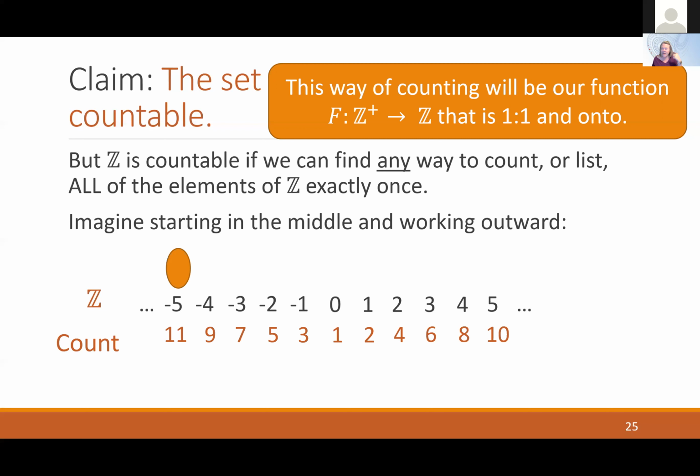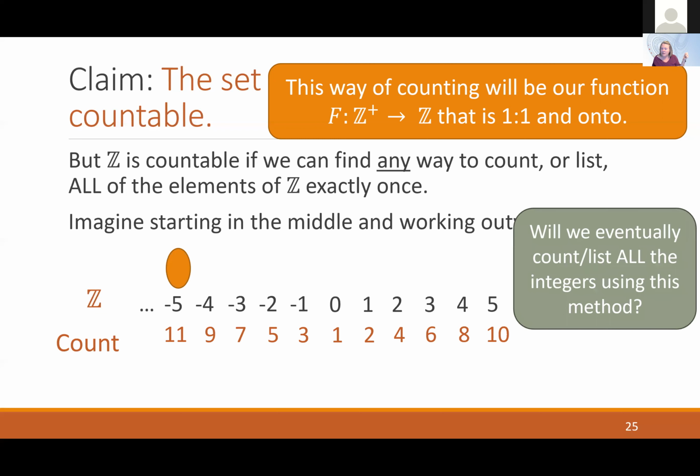And that accounted for all of the integers that were on the screen. But if we keep going, 6 and -6, 7 and -7, 8 and -8, eventually we will list all of the integers.